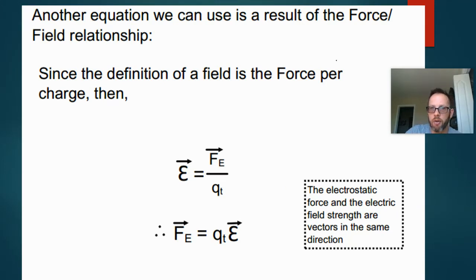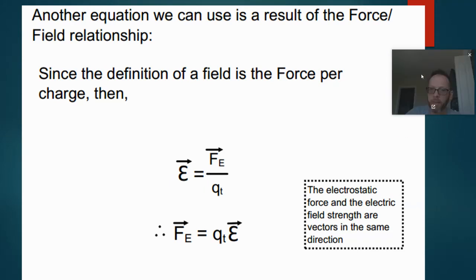Another equation we can use as a result of this is an equation relating the force and the field. I'm going to keep my image right here. So our definition for the field strength was taking that electric force and dividing by the size of the test charge. If we rearrange that, we get electric force is equal to QT, the size of the positive test charge, times the electric field. And so we see electric force and field strength are vectors in the same direction.